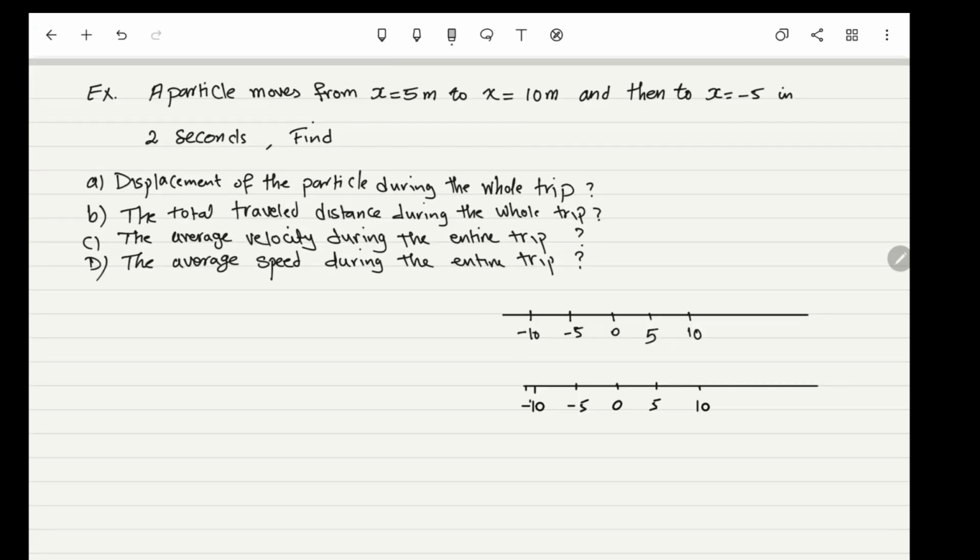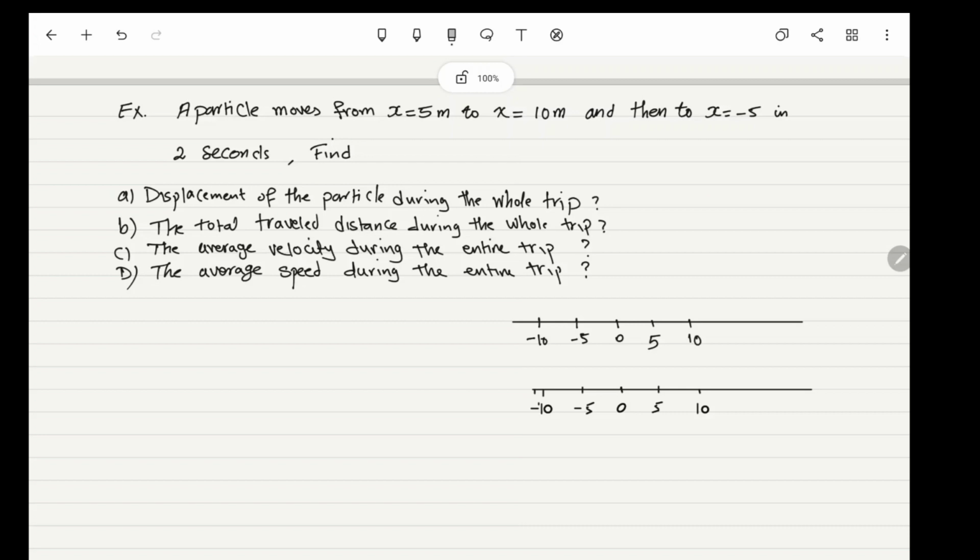Now, to solve this problem, we just draw this simple diagram here, and let's go back to the question. A particle moves from x equal to 5 to x equal to 10. So the starting point here is this one, and the particle moves from 5 to 10, so it moves this distance here. So the distance d1 here is equal to 5 meters. Now, the particle moves back to -5.